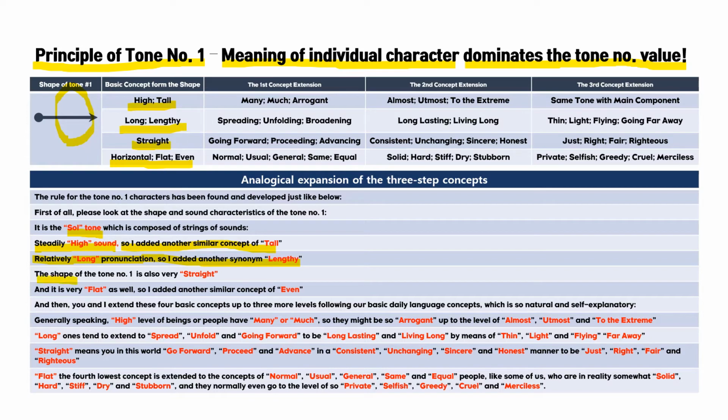And the shape of tone number 1 is also very straight, and it is very flat as well. So I added another similar concept, even. And then you and I extend these 4 basic concepts up to 3 more levels, following our basic daily language concepts, which is so natural and self-explanatory.